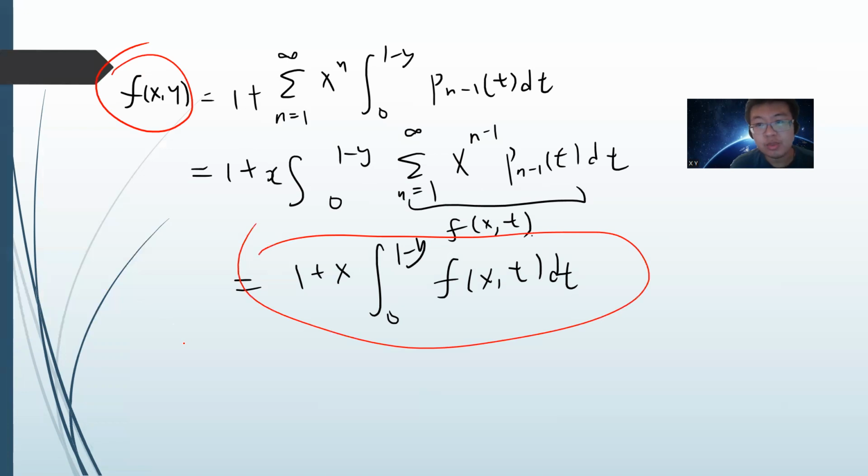So this gives you a hint to solve this question, because it looks like there is some differential equation. You write something into the integral, so you can do the differential. So what should we do? Let's do some differentiation. If we take the partial derivative in y of f, we get minus x times the derivative here, by the chain rule, plugging t equals 1 minus y.